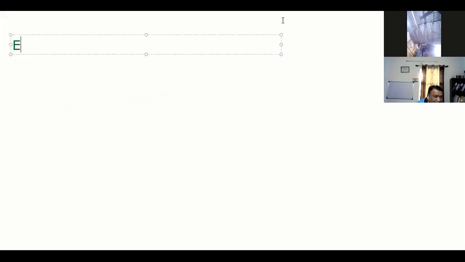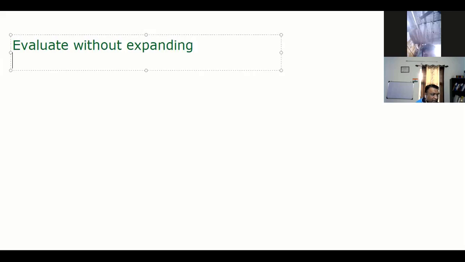For example, if I say evaluate without expanding. Without expanding means we don't have to apply the expansion.